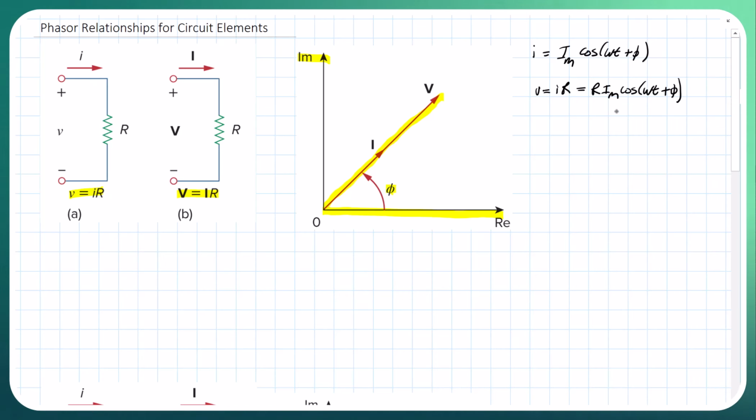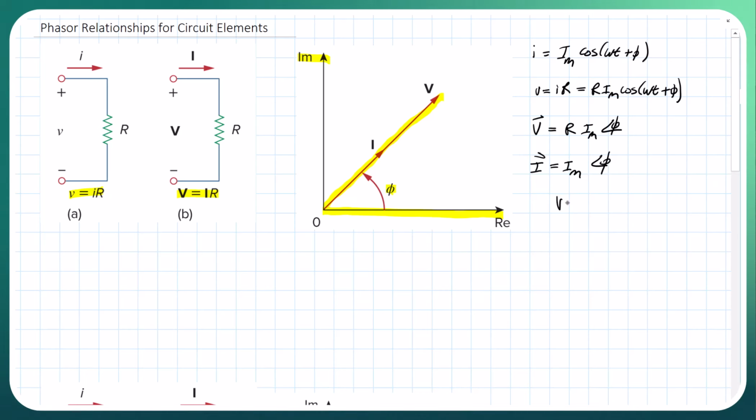We can take the phasor form of this voltage, and we can say V is equal to R Im at the angle phi. Then we can take this phasor representation of the current, and say the I phasor, the vector, is Im at this angle.